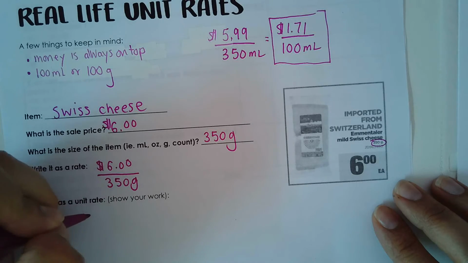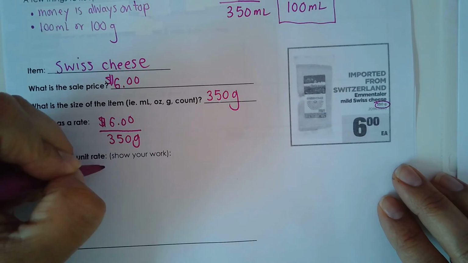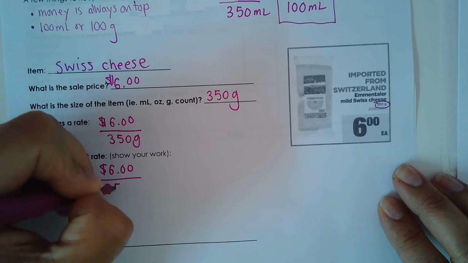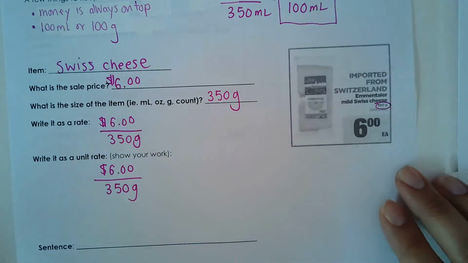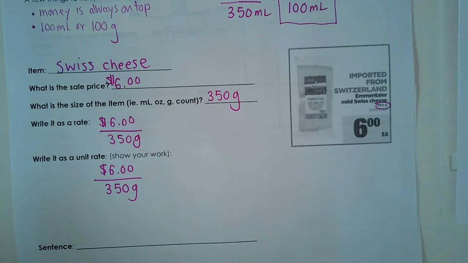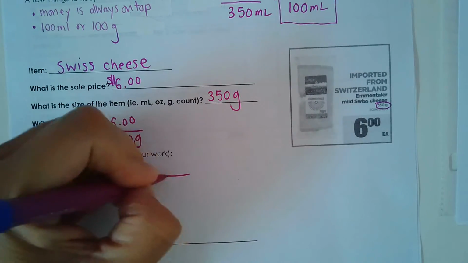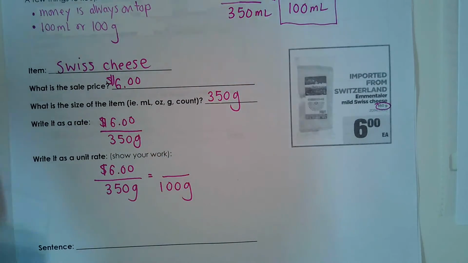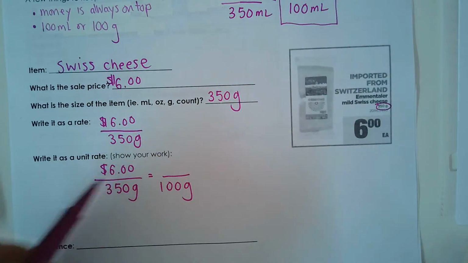Now, if we write it as a unit rate, or if we're finding the unit price, we could set up a ratio. So we know that 350 grams costs $6. We want to know how much does 100 grams cost, and we can use cross multiplying here.